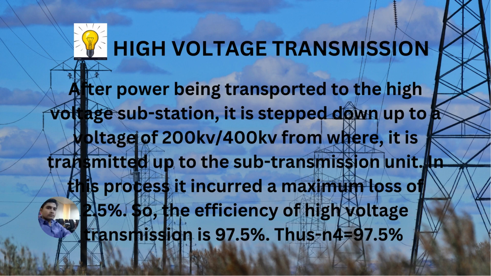In this process of stepping down the voltage and transmitting it to the subtransmission unit, it incurs a maximum loss of 2.5%. So, the efficiency of high voltage transmission is 97.5%.